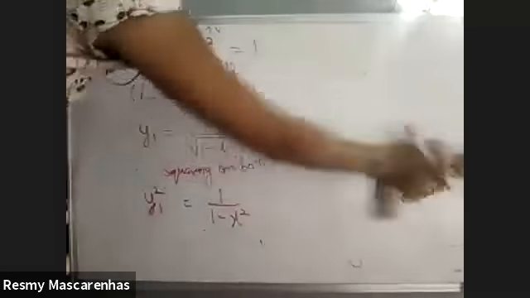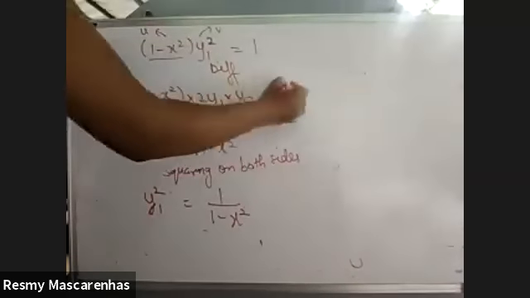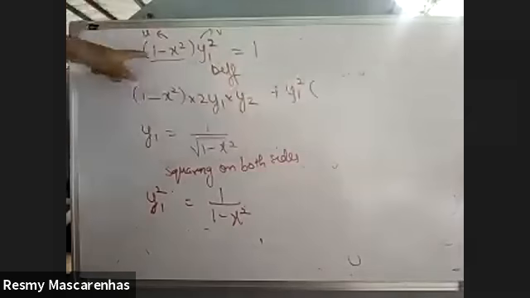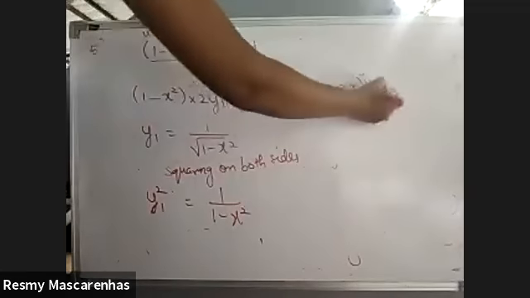So using that, I've done it: u into derivative of v plus v into derivative of u. 0 minus 2x.